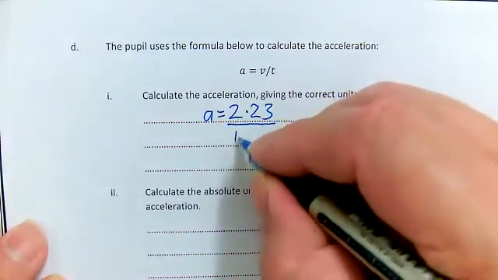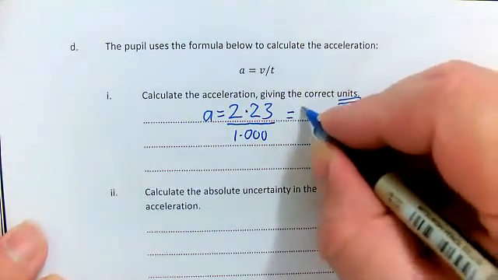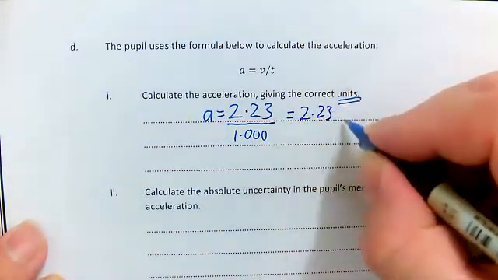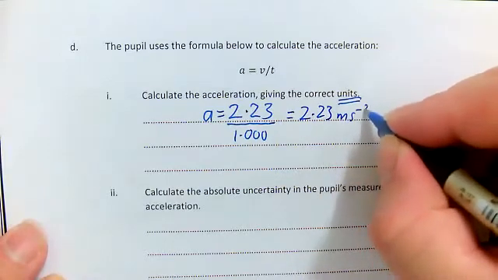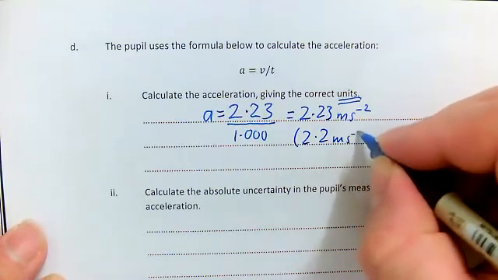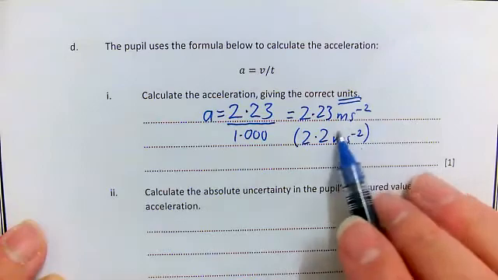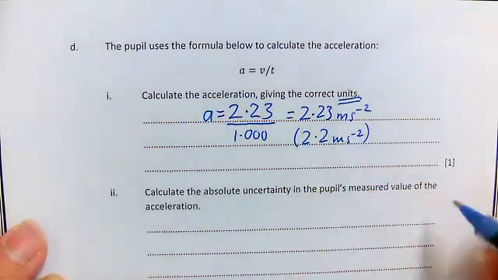We know the time is 1.000 or just 1. So the acceleration is 2.23 meters per second squared. Again, I'll accept 2.2 meters per second squared. But if you didn't put the units, you didn't get the mark. Really, I was more interested in that than I was in that.